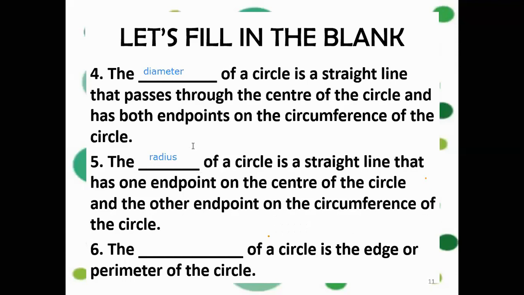The radius of a circle is a straight line that has one endpoint on the center of the circle and the other endpoint on the circumference of the circle.